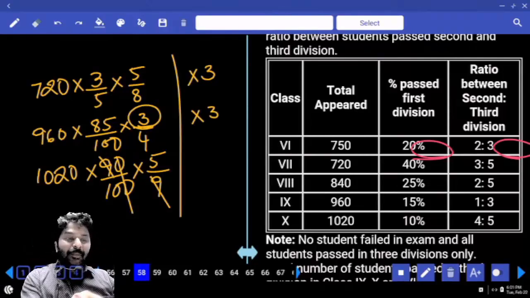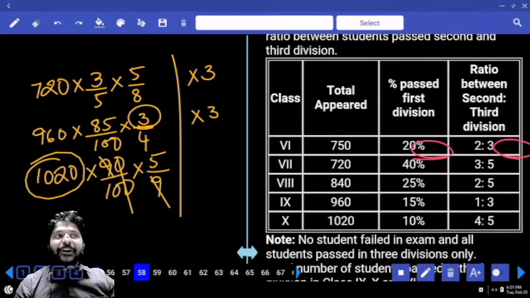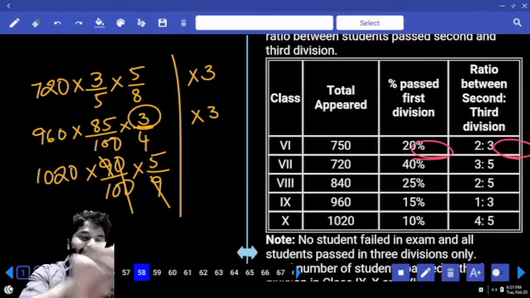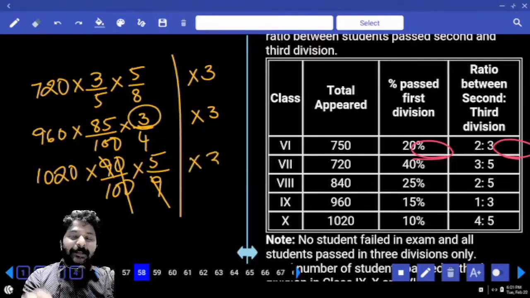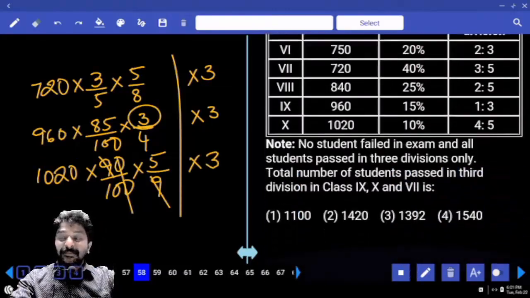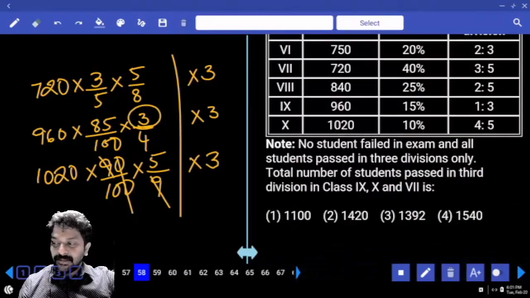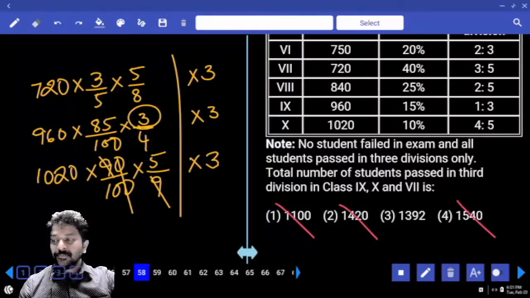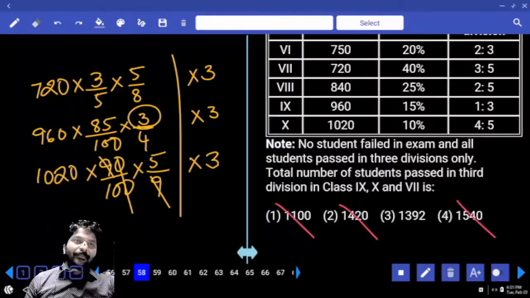And even in the third line also, 1020, that is a 3 multiple. In the denominator there are no 3 multiples. So here also this must be a 3 multiple. The sum also must be a 3 multiple. Can it be first option? Can it be second? Third? Maybe your answer. Fourth? That's all. Third option final.